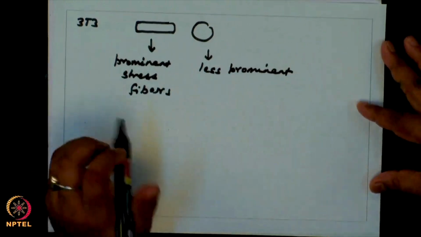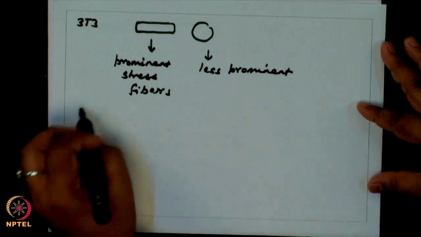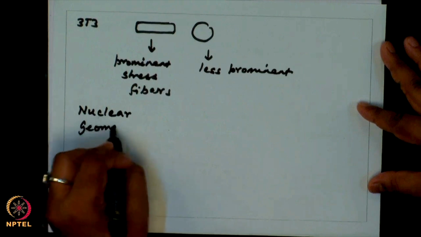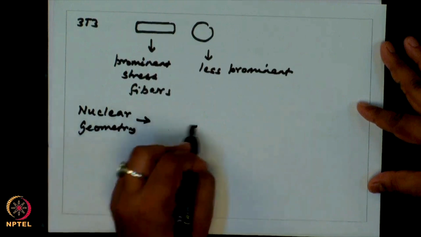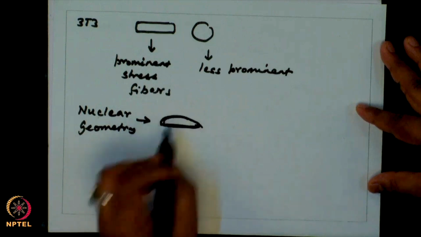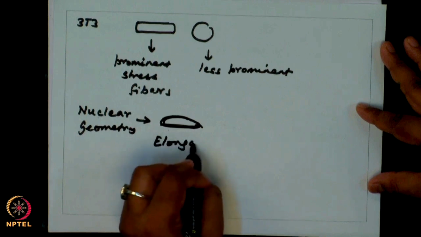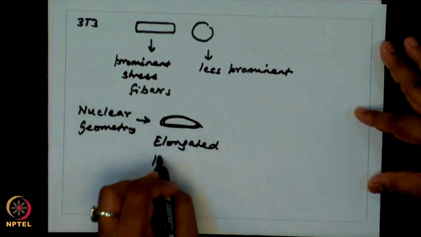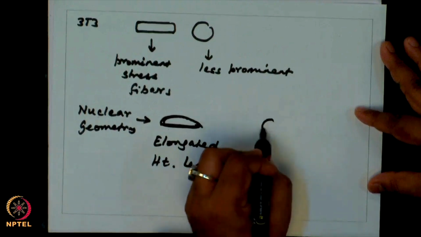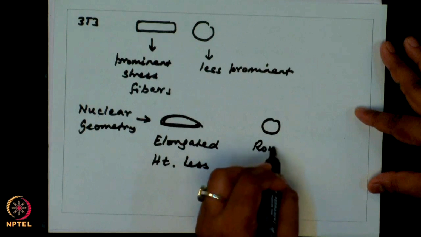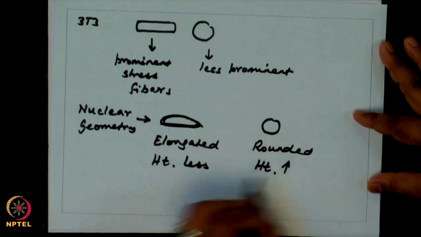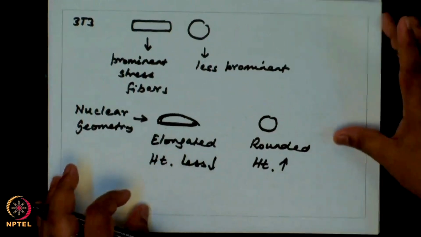If you compare the nuclear geometry, in side view the nucleus will look like this. It is elongated and its height is less. For the rounded geometry, the nucleus would also be rounded and its height will be more.